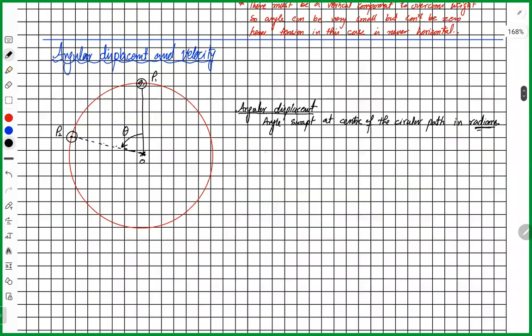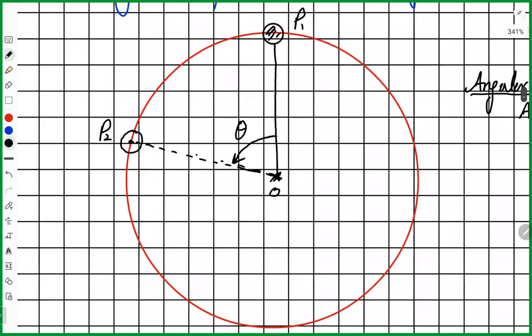Sir, what do you mean by angle swept? Listen, do you see that this is the radius at original position number one? Yes. Do you think the radius has moved from there to there? Yes. So if it is a wiper on a windscreen, do you think that this is the area that is being swept by the radius?